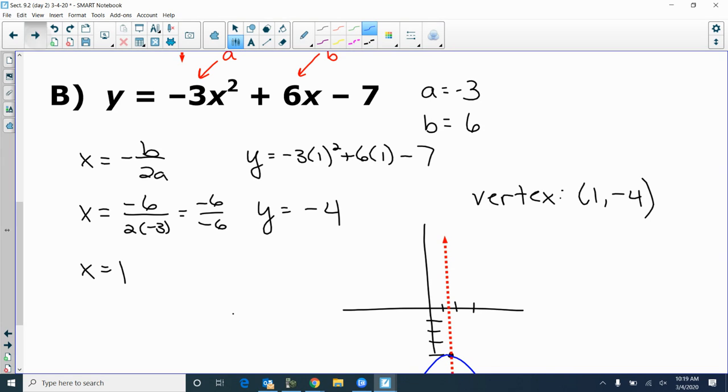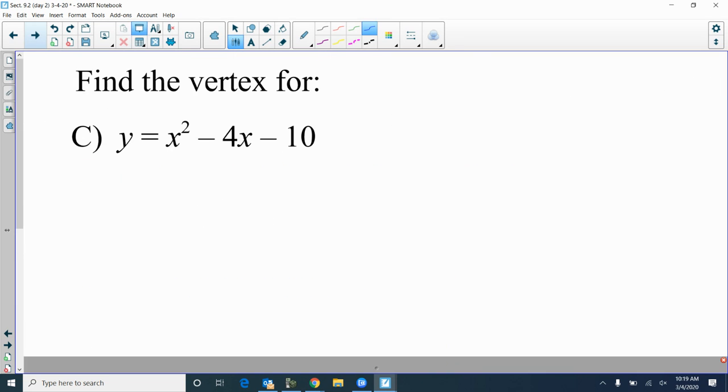Now we're on C. Find the vertex for that one. Gotta find the axis of symmetry, so you gotta use x equals negative b over 2a.